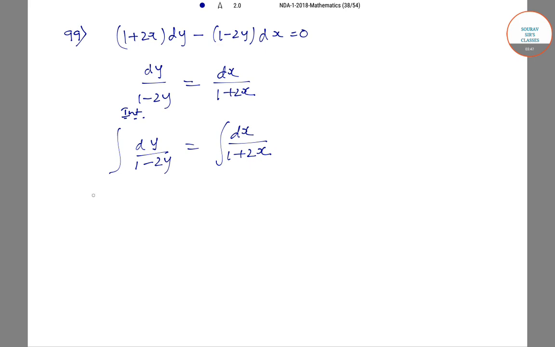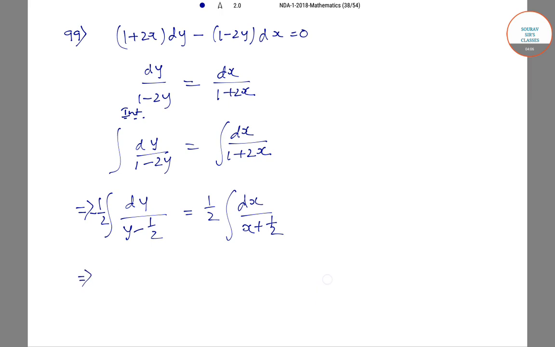Now if you further solve it, here we'll get minus 1 by 2 times dy by (y minus half), which will be equal to half times dx by (x plus 1 by 2).